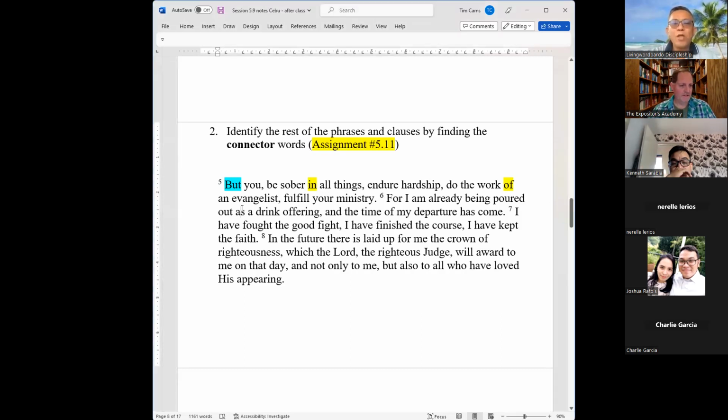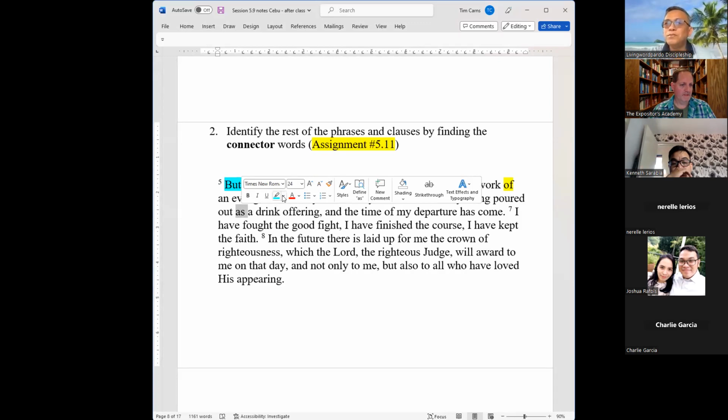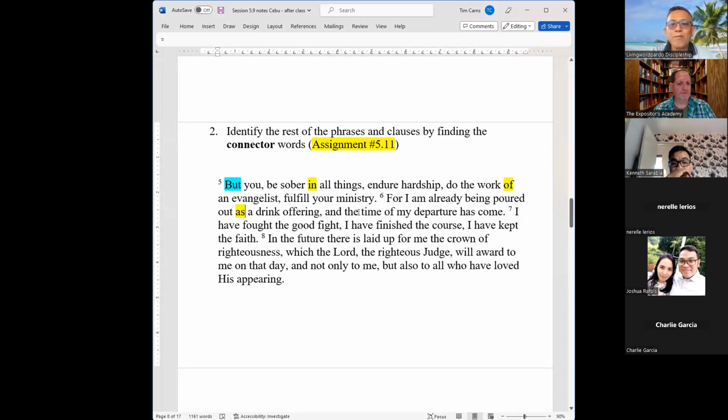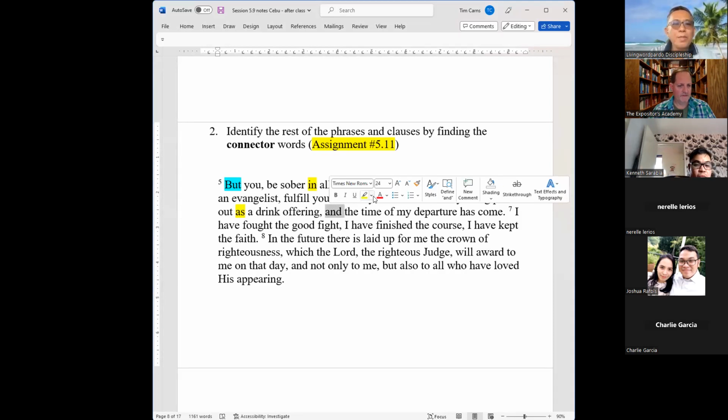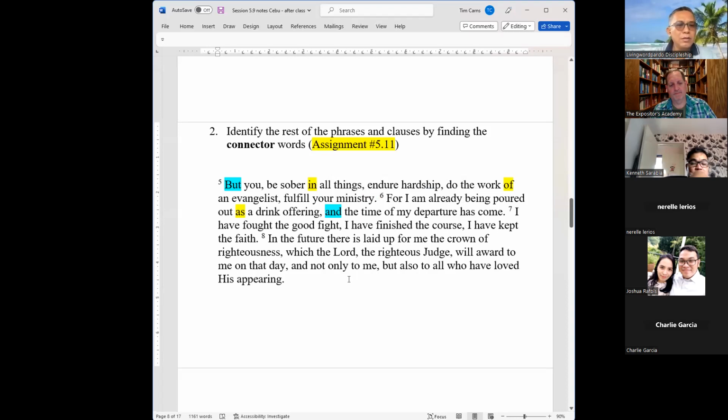As. Okay, as, good, that seems to be functioning like a preposition here. Any others in verse 6? And. What kind of conjunction is that, by the way? Coordinating or subordinating?